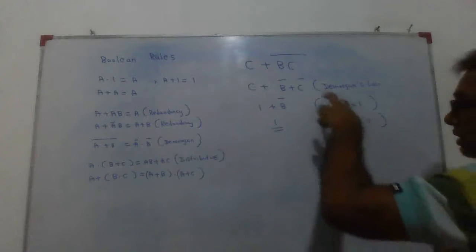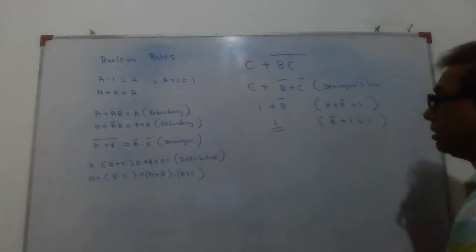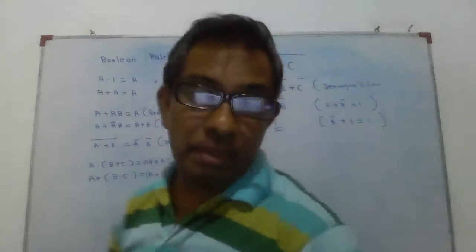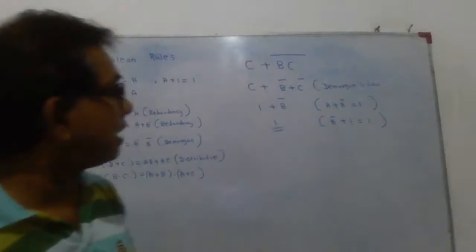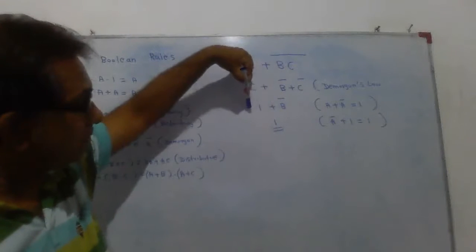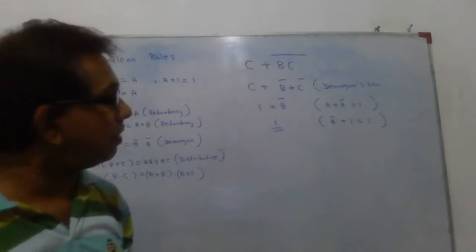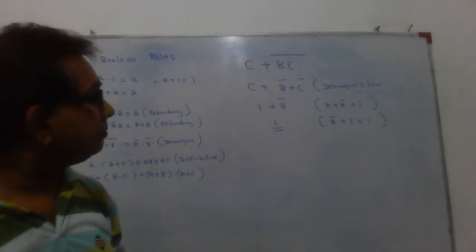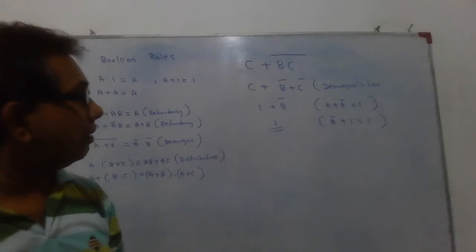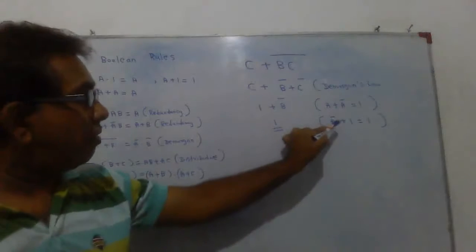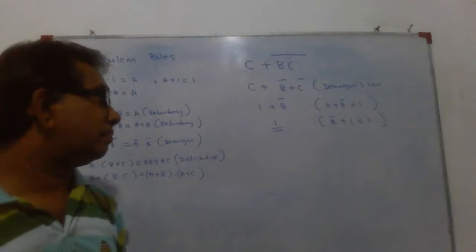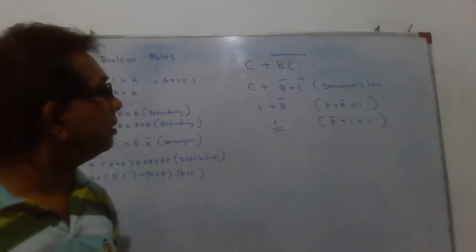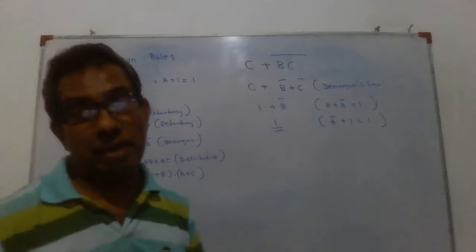So by using De Morgan's law, we can reduce the statement like this. Not only De Morgan: first we use De Morgan, then after that A bar or 1 equals 1. So finally we get the simplified answer as 1.